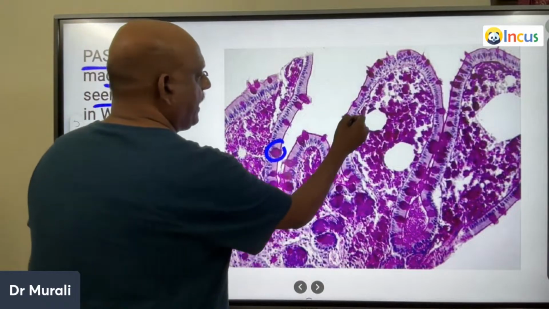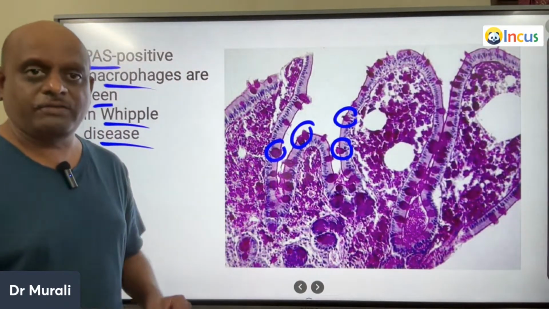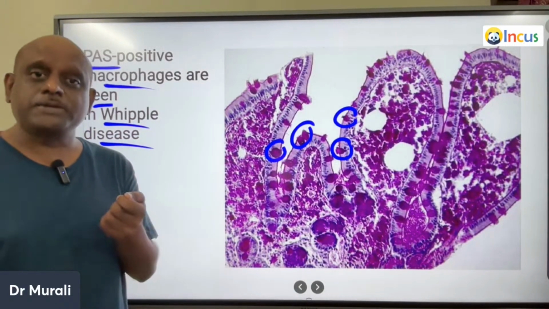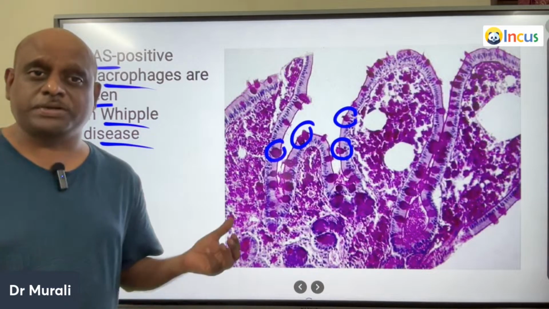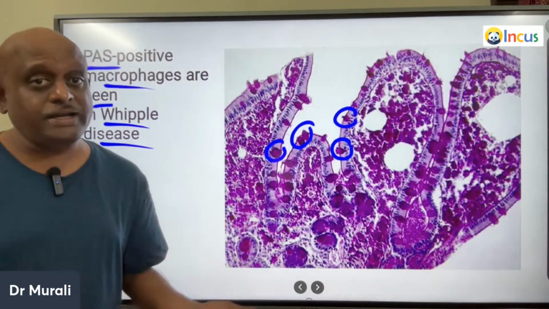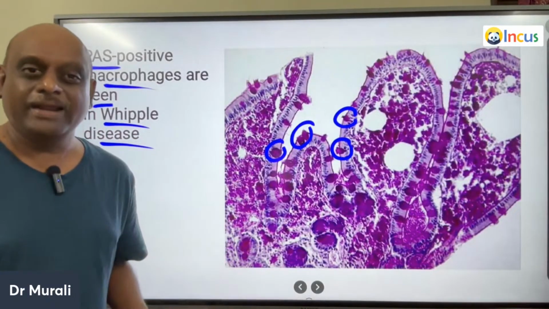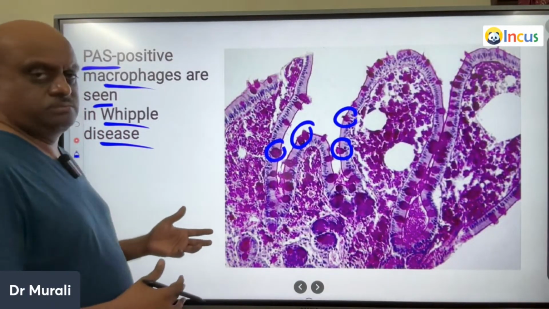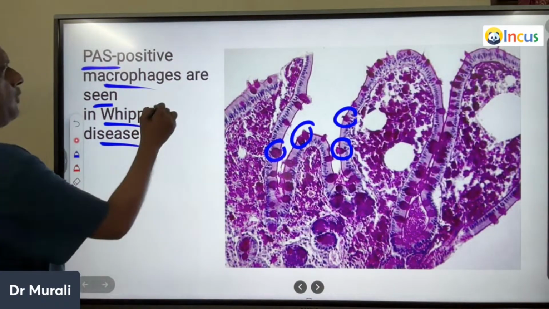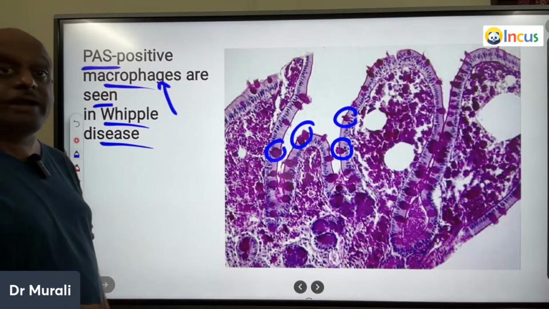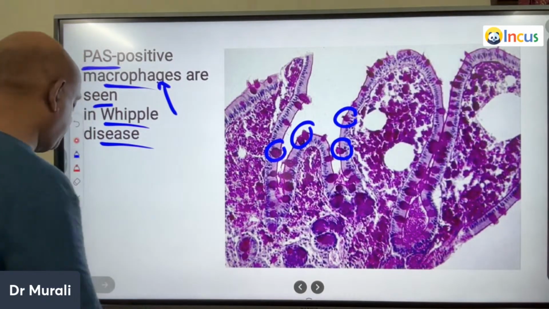So you can see PAS positive macrophages whenever you do the intestinal biopsy in case of Whipple's, where the patient presents with malabsorption. Whipple's can lead to arthritis. Whipple's is a multisystemic presentation, right? So whenever you do the biopsy, PAS positive macrophages are a very classical feature in case of Whipple's disease, is what you should remember.